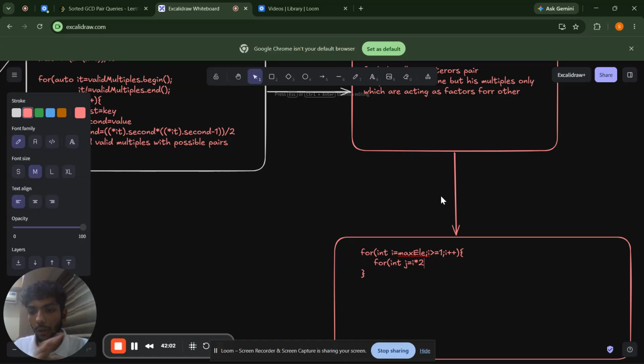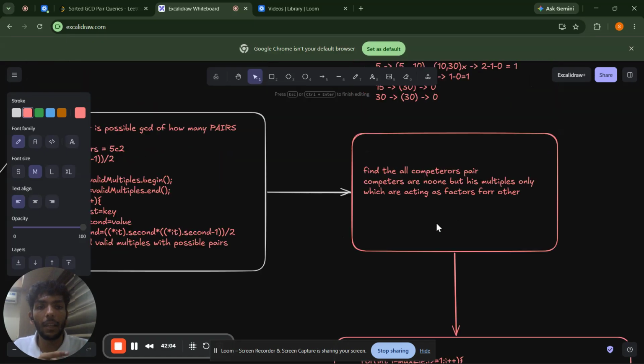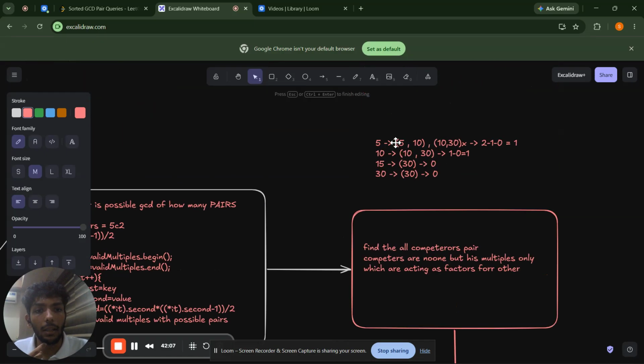In this case I'll subtract all of mine. Here 5 has 2 pairs, and if 5 subtracts the number of pairs from itself, 2 will be subtracted from 2, and as a result it will become 0.